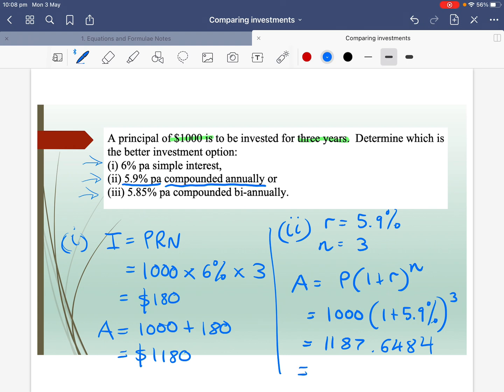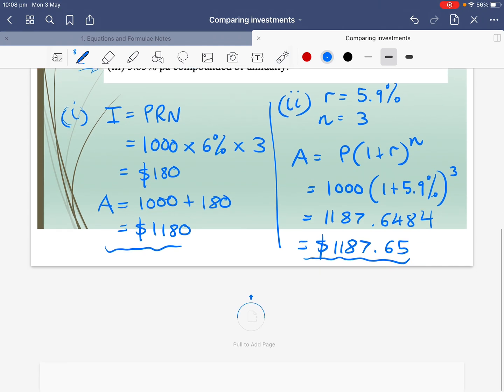In dollars and cents, that is $1,187.65. Okay, that's option 1 and option 2 done. Let's see the third one, so then we can compare.